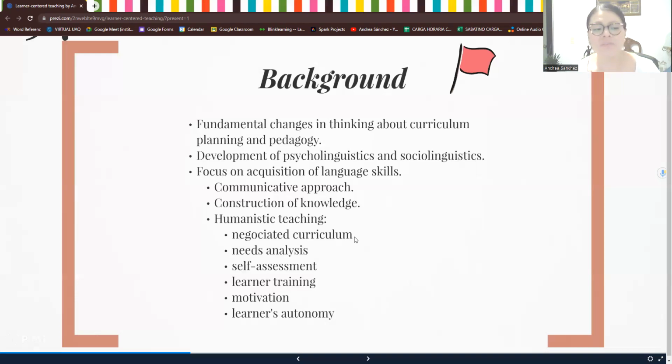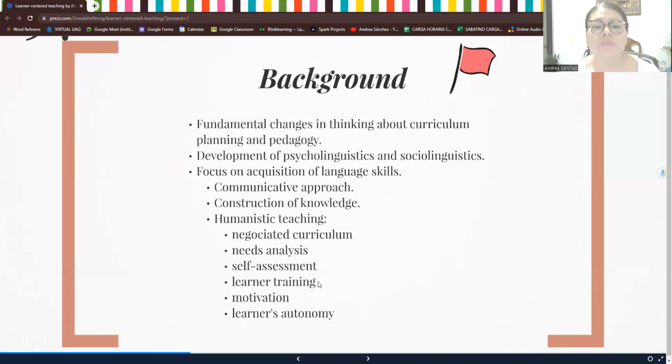For it to work, we should be using this tool since elementary school, middle school, probably, because you have to be very honest. You have to know why you are evaluating yourself, what you are evaluating, and all the pros and cons about this. I don't think we are ready in Mexico, honestly.